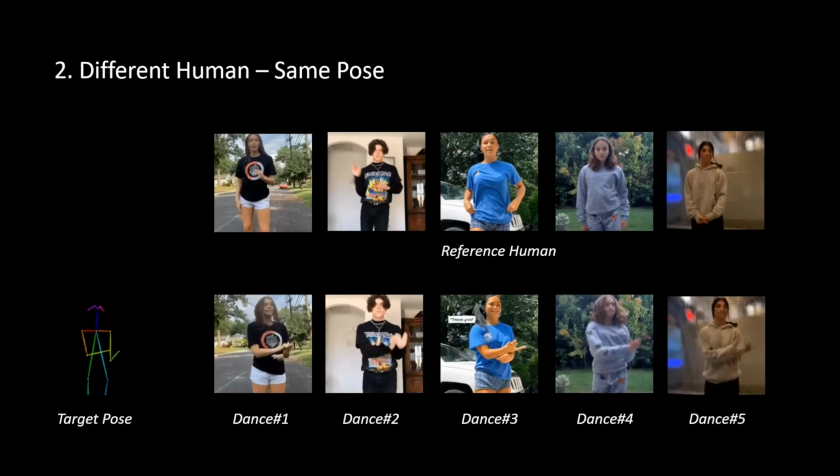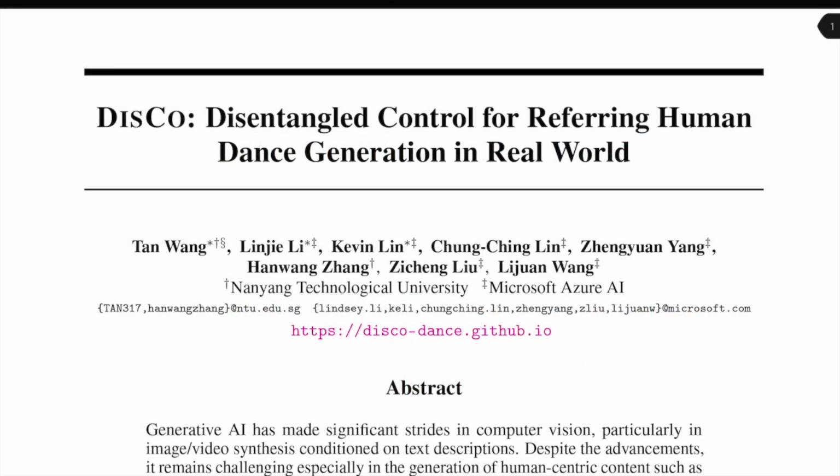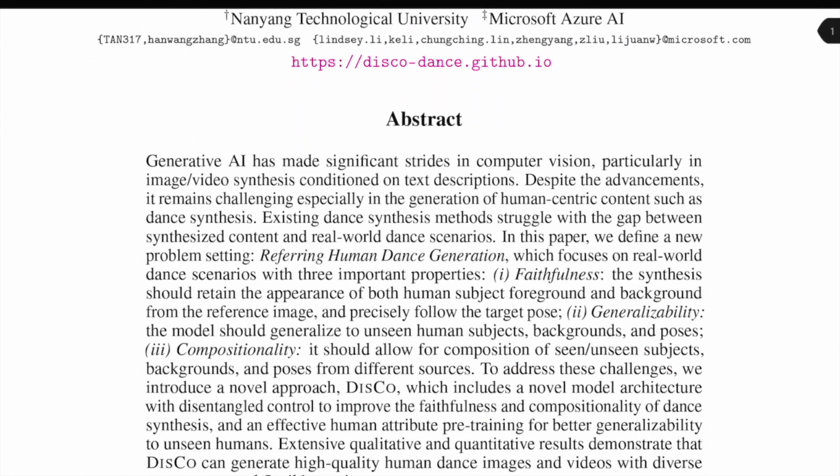There is temporal consistency, as a general rule. There's a few glitches. Overall, DisCo did a very good job of disentangling the foreground, background, and pose in order to produce dance videos. Has good control. There is a small amount of glitching over time. However, this is one of the areas that the authors identified as a future area of study.